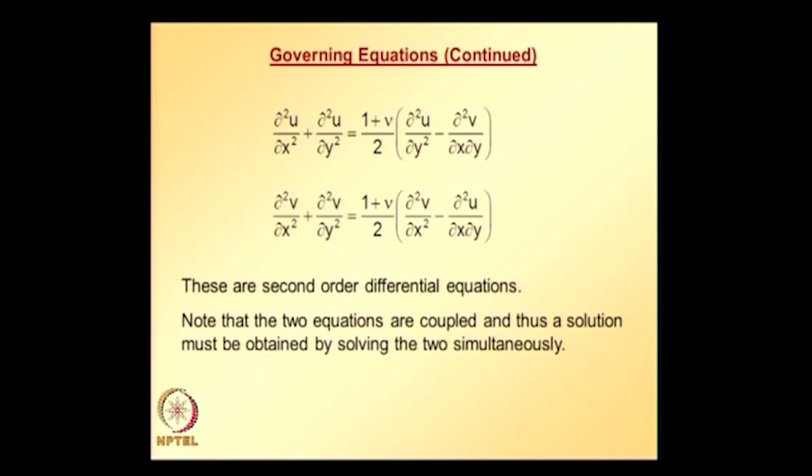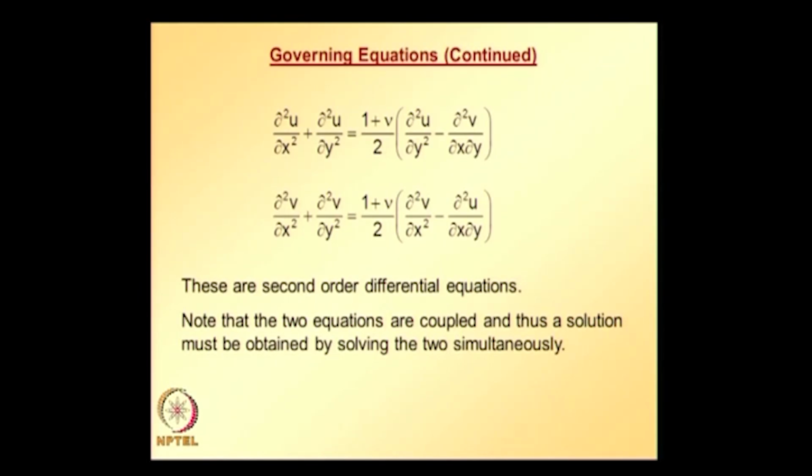Since these two equations are coupled, the solution must be obtained by solving them simultaneously. Since these two equations are second order differential equations, you can guess now we require two boundary conditions to solve them.